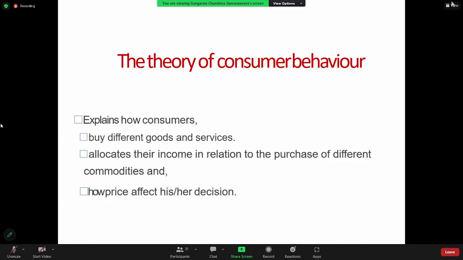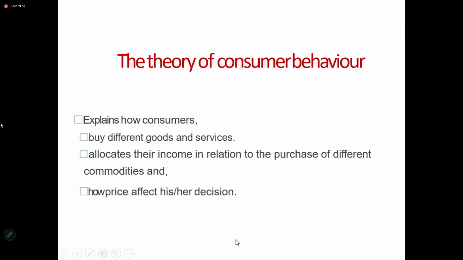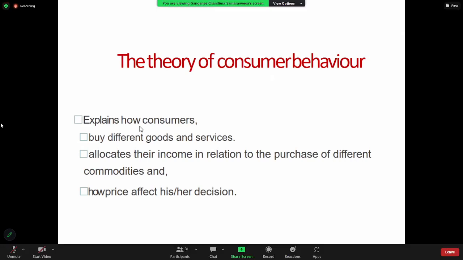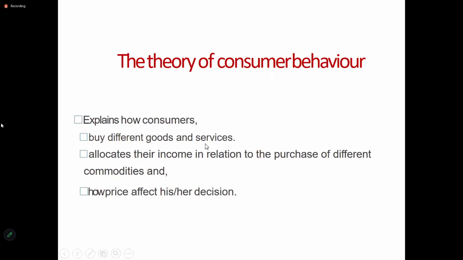Okay. Now briefly, the theory of consumer behavior. In this theory, mainly you need to explain how consumers buy different goods and services. Remember, services also, not only goods, are important in the consumer's buying decisions. Then they allocate their income in relation to the purchase of different commodities.